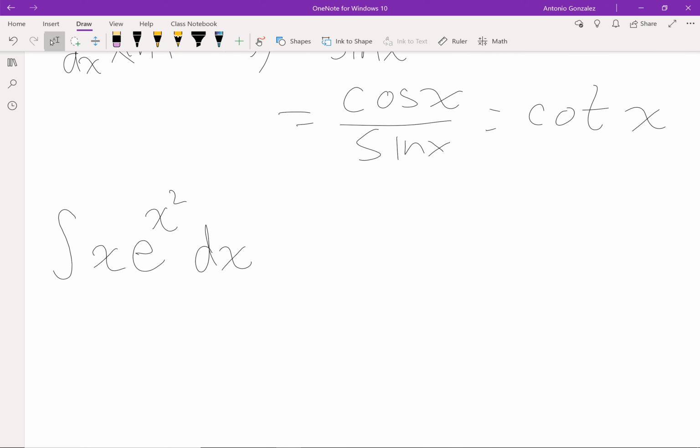Now we could see this is not a basic form, but a substitution will lead us to the evaluation of the integral.